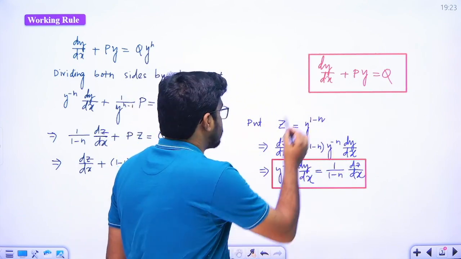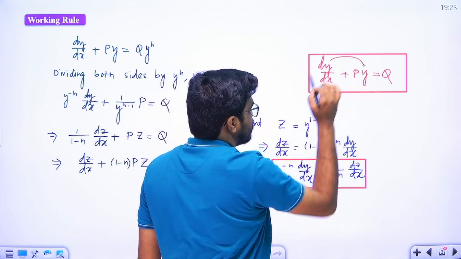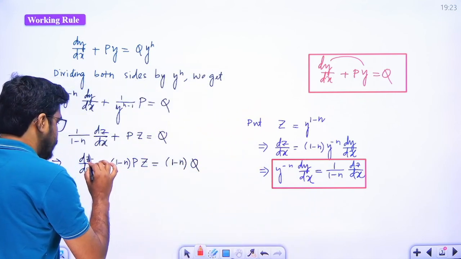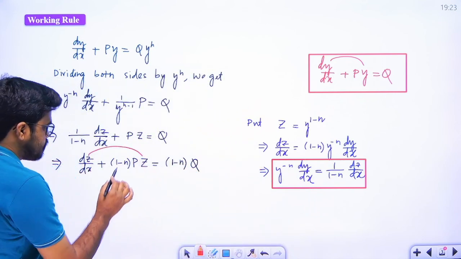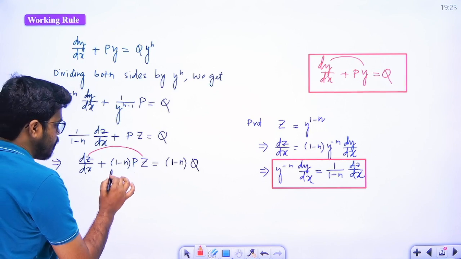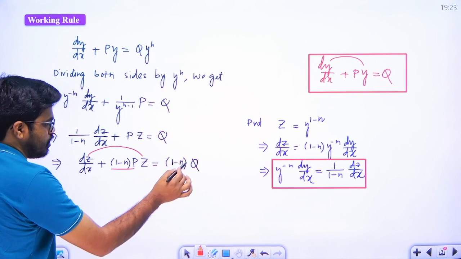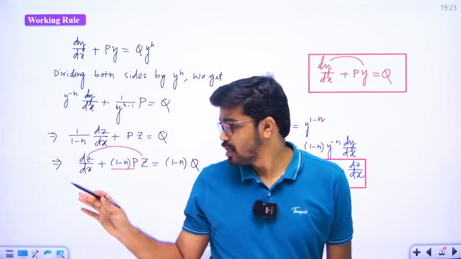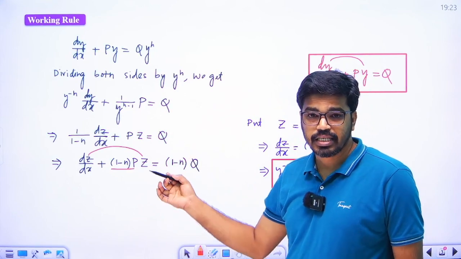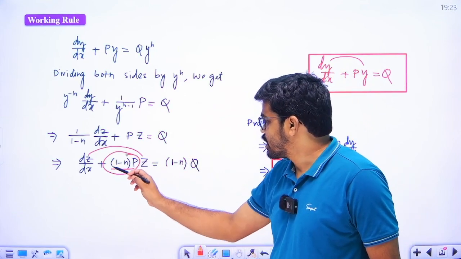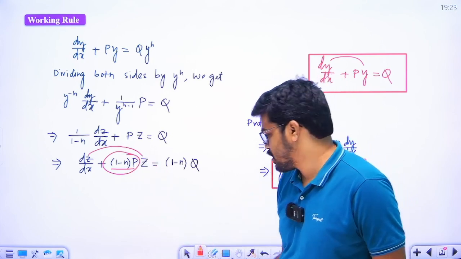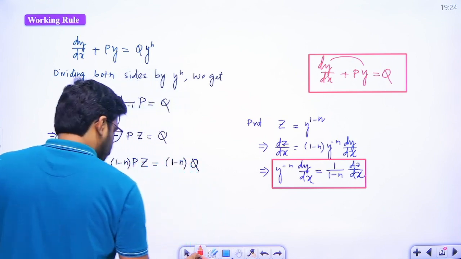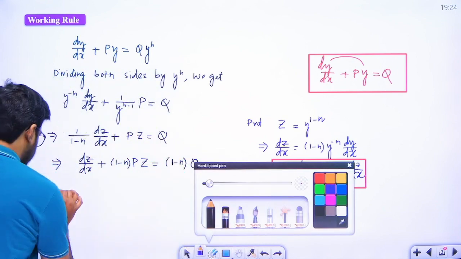Here, just see, dz/dx plus Pz equals Q. So this is linear in z. So what is the integrating factor? e to the power integration of this. So this is the integrating factor.